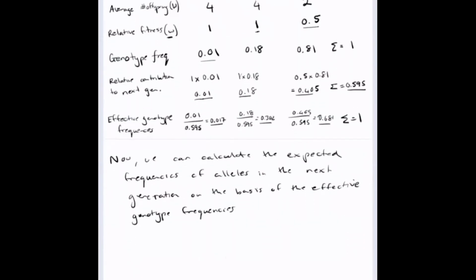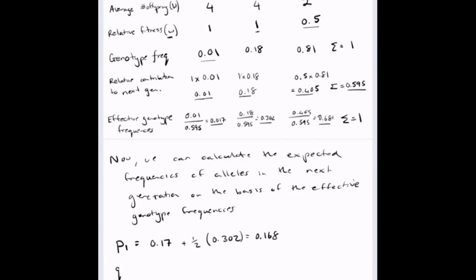And so how do we do that? Well, we can say in the next generation, the allele frequency of p, which I'll use p1 for our first generation following the 0th generation, that's going to be, remember that we take all the individuals in the homozygotes, so 0.017, plus half the individuals in the heterozygotes, 0.302, which equals 0.168.